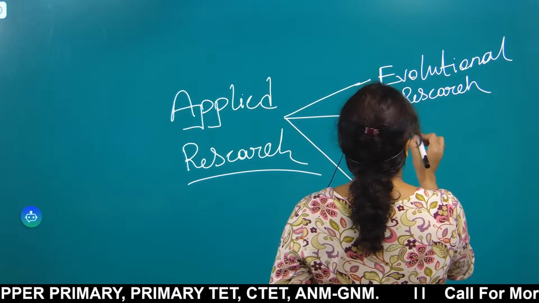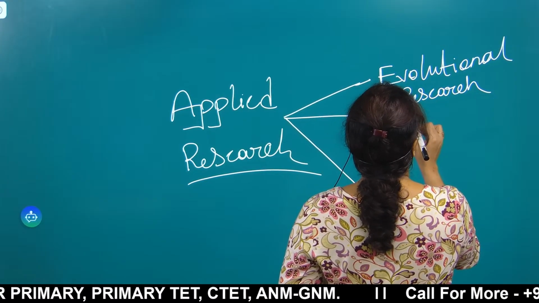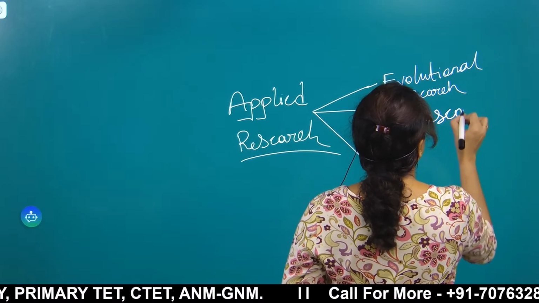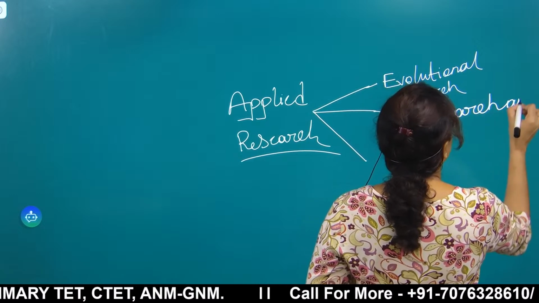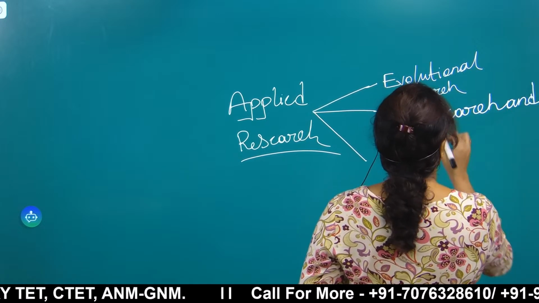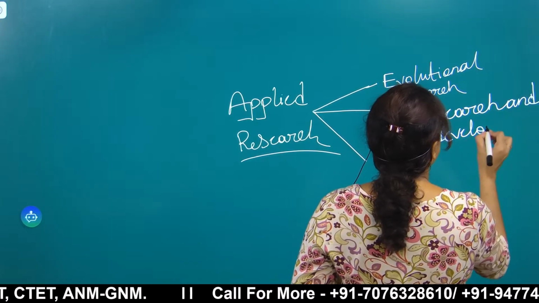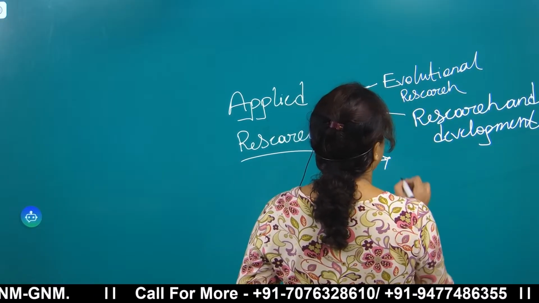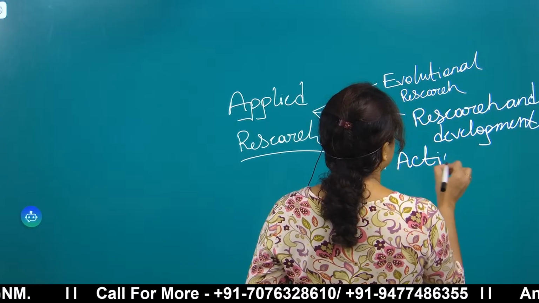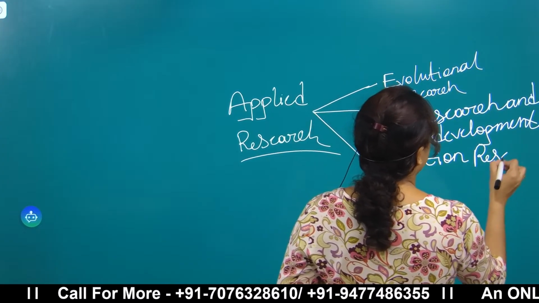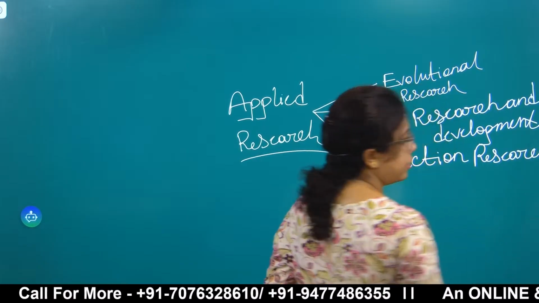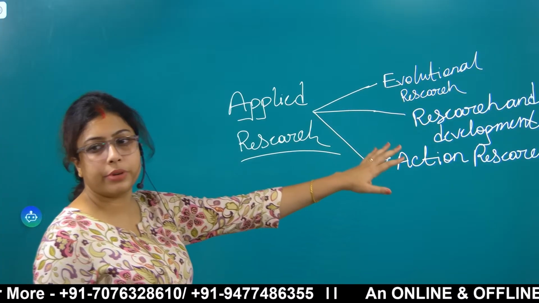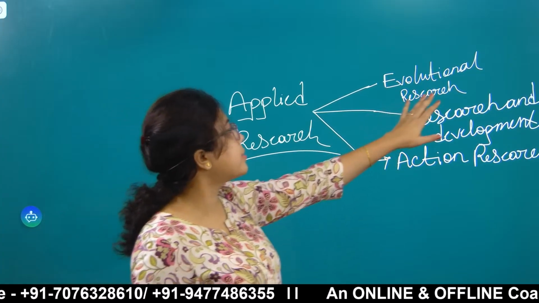Then there is research and development. And the third one is action research. Action research, right? So there are these three types of research. First one is evolutionary research.